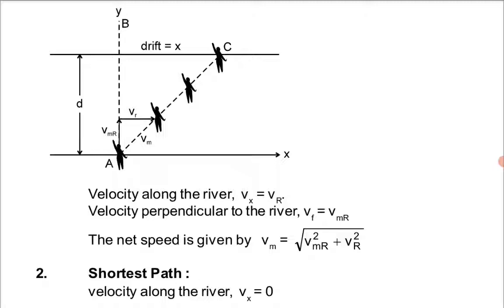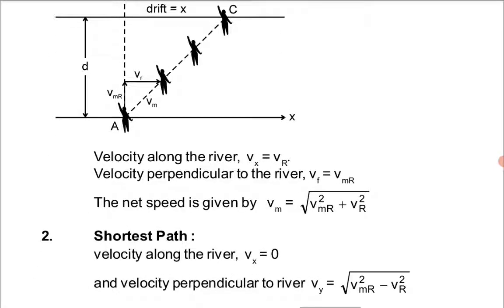From this figure we can say that velocity along the river Vx equals Vr, and velocity perpendicular to the river Vy equals Vmr, that is velocity of man with respect to the river. The net speed is given by Vm equals under root of Vmr square plus Vr square.